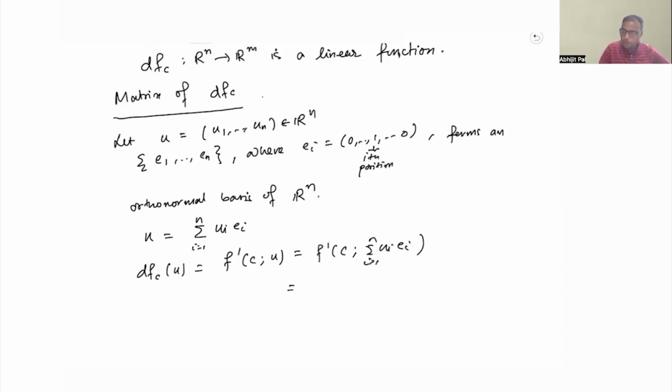This f prime c is a linear function. Therefore what you have here is summation i equal to 1 to n, ui f prime c ei. So this f prime c ei is the ith partial derivative of f at the point c.